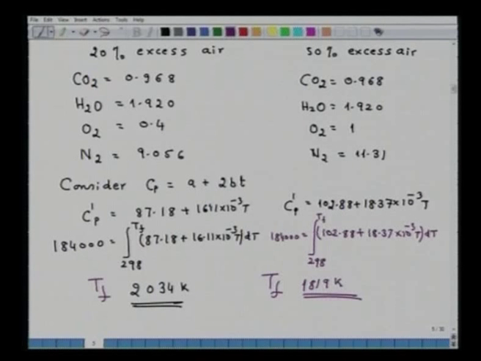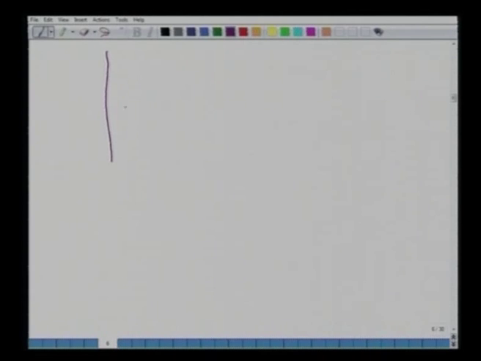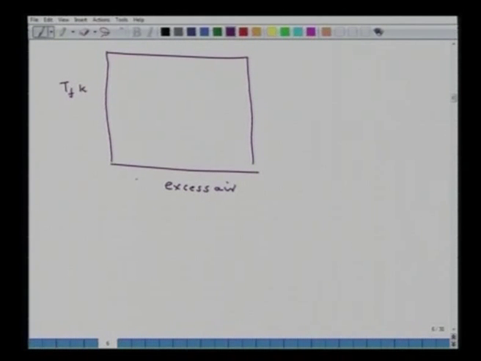So, for example, if we now plot excess air here and flame temperature in Kelvin here, you have to see what type of plot you will get. Plot 20%, 40%, 60%, and here say 1000 Kelvin, 2000 and 3000. So, 0% means no excess air, that is the theoretical air.